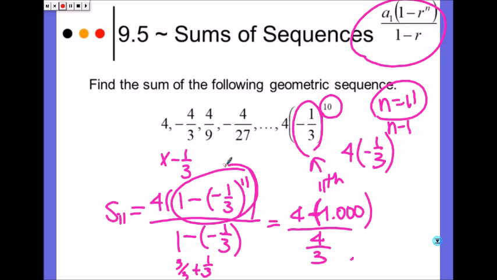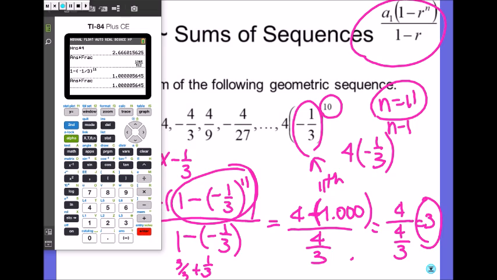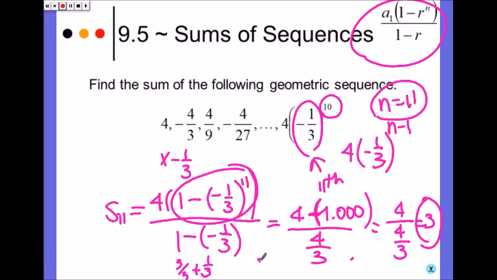So it's 4 times 1, 4, divided by 4/3, which becomes 3, right? 4 divided by 4/3, don't forget the parentheses, is 3. So the sum becomes 3.